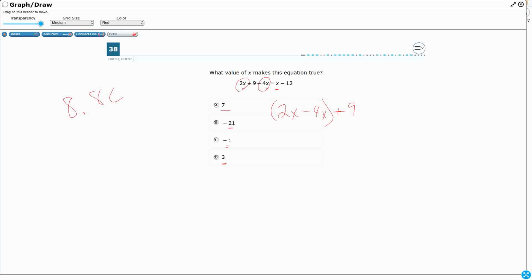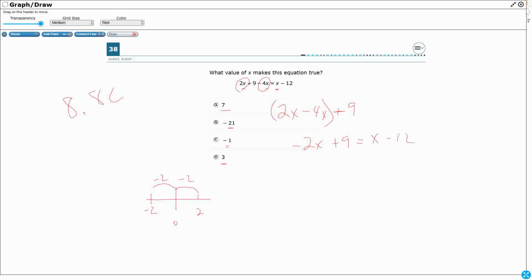Well, think of our number line. If I've got 2x and I need to take away 4x, well, that's 2 to get back to 0. Another 2 gets me to -2. That's my -4. So I'm going to have -2x plus 9. And we still have the x minus 12.